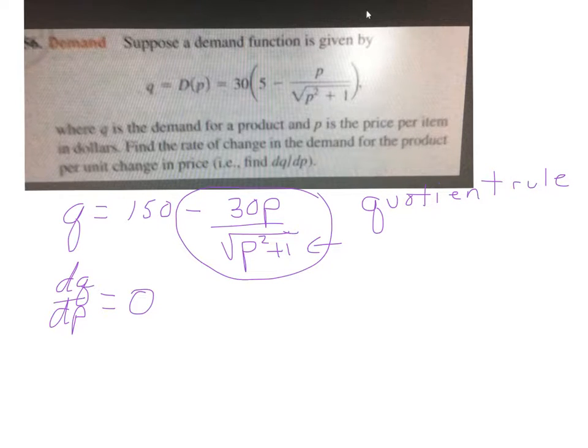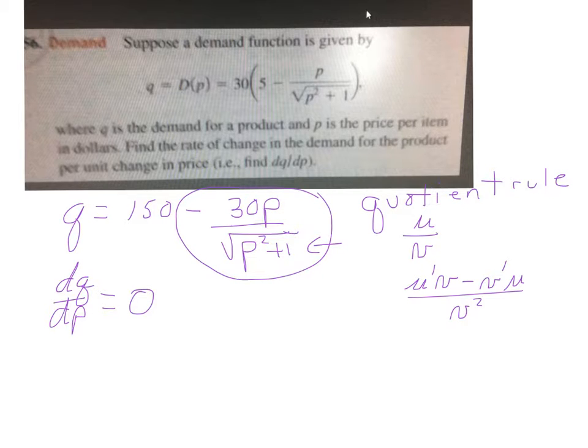And the quotient rule takes the top function, which I call u, and the bottom function, which I call v. And the quotient rule is that we take the derivative of u and we multiply that by v. Then we minus the derivative of the denominator function, and we multiply that by u, and then we divide the whole thing by v squared.